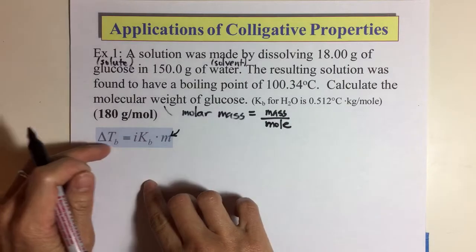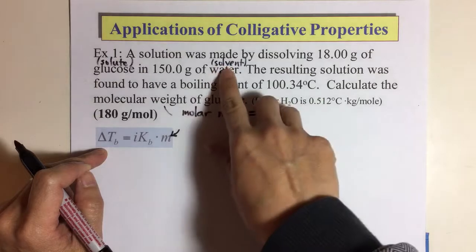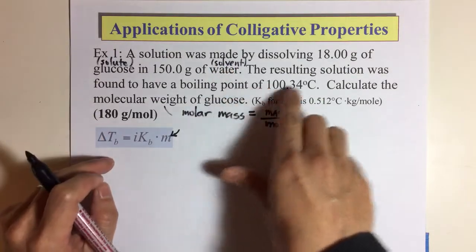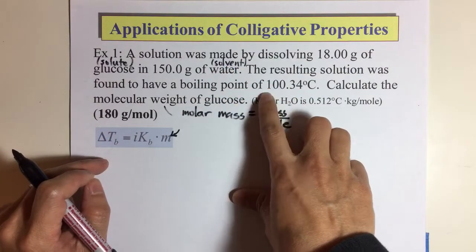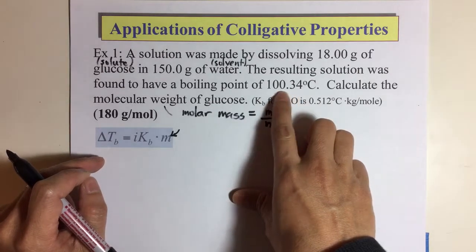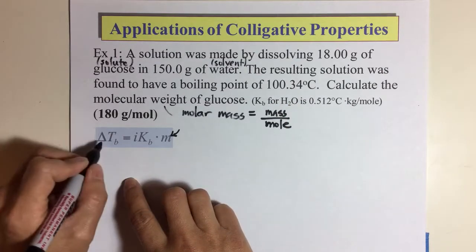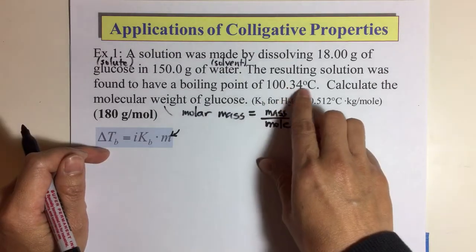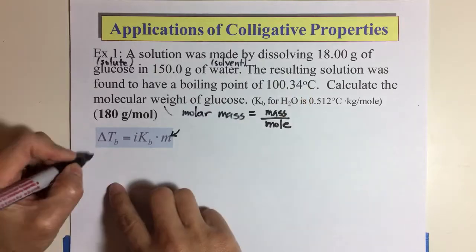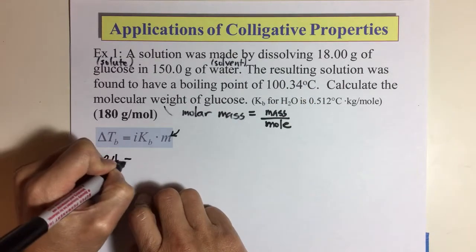So let's look. So this is the change in temperature relative to the pure solvent. So water boils at 100, we know, normally. But now with the solution, the added solute, it now boils at 100.34. So the change in the temperature between the 100 and the 100.34 is 0.34 degrees.